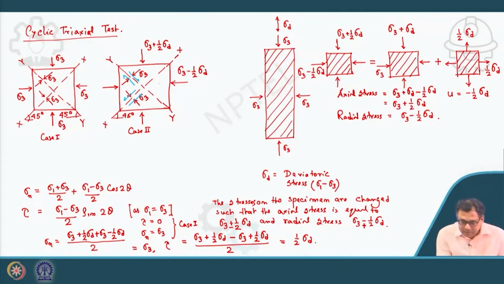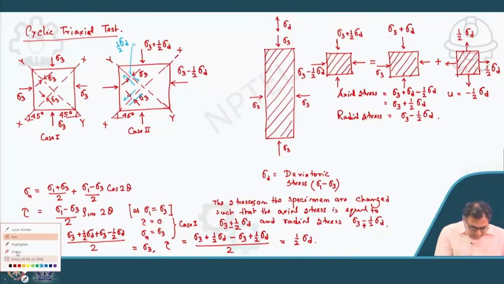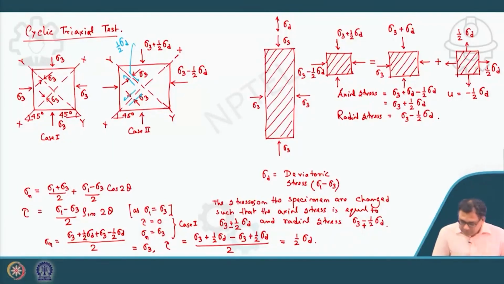That shear stress value is half sigma d. So this way I can satisfy this condition, sigma 3 plus half sigma d axially and radially sigma 3 minus half sigma d. Now there is a plus minus. Now I want to satisfy the second condition.